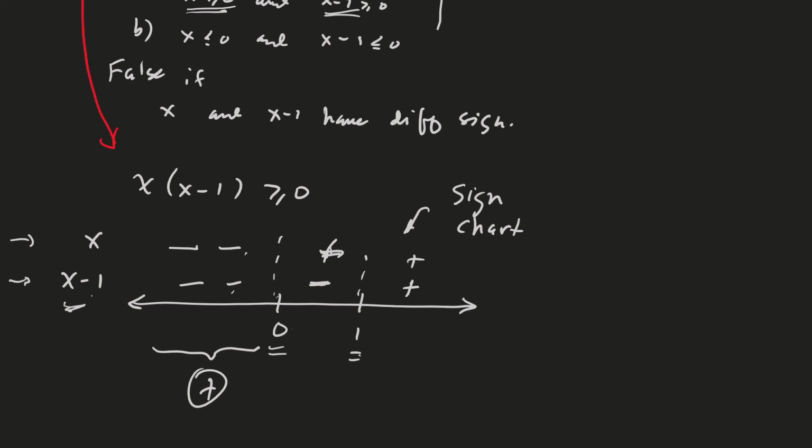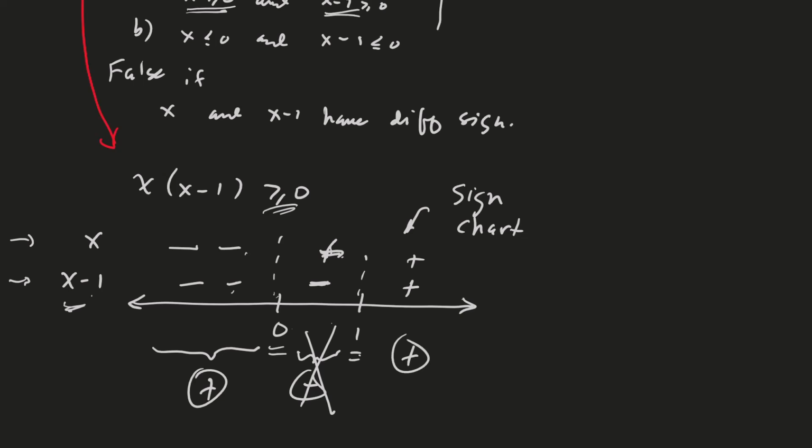In the region between 0 and 1, we have a positive number times a negative number, so that's going to be negative, and so that's not going to work for us, right, because we want our numbers positive, so that does not work. And then if x is bigger than 1, both are positive, and so that means that's part of our solution as well.